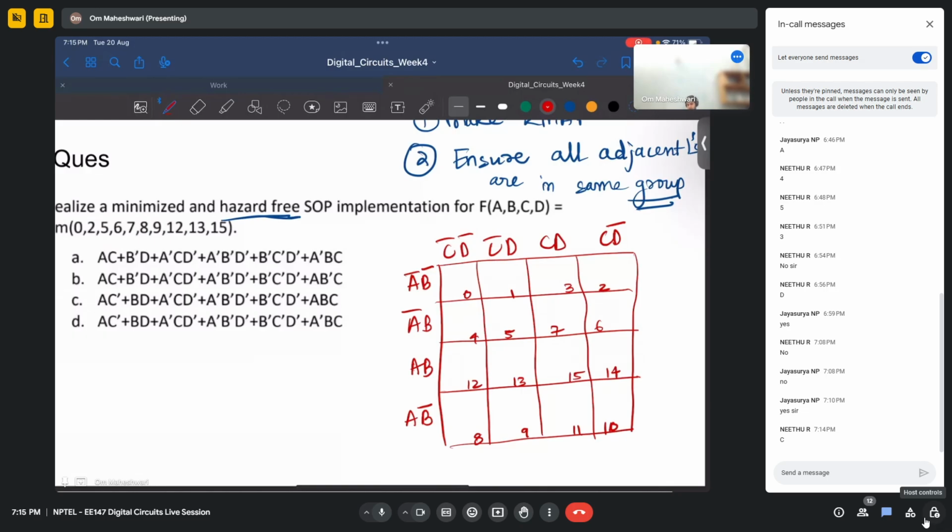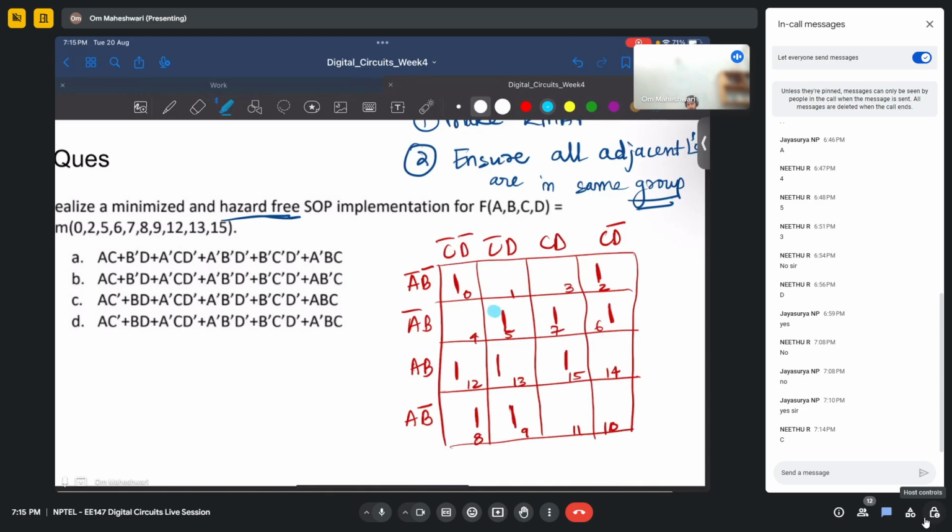We have one set: 0, 2, 5, 6, 7, 8, 9, 12, 13, and 15. Okay, so if we have to make groups, let's see.